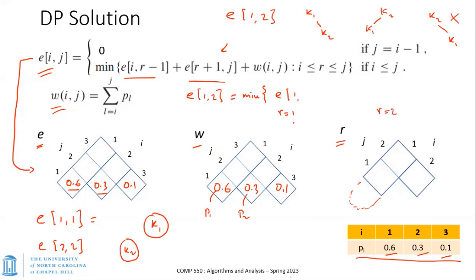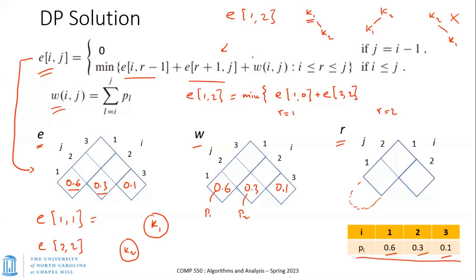If we select R is equal to 1, which basically means we're making K1 the root, it's going to be the cost of E1, R minus 1, which is 0, plus E R plus 1, which is the right subtree, which is going to be 2, j, which is 2.